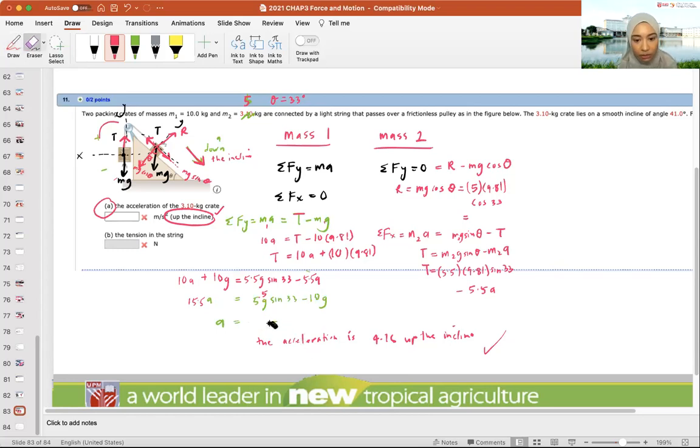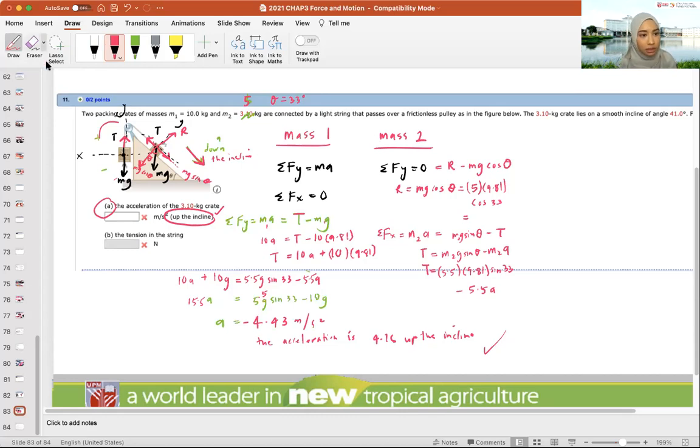Okay, so let's see what the actual answer is. Hopefully this time it's correct. 5.5 times 9.81 times sine 33 minus 10 times 9.81 divided by 15.5. I get 4.43. Is that the right answer? I get a negative sign, meter per second squared.